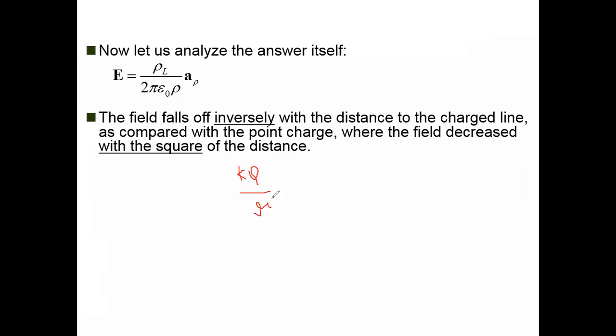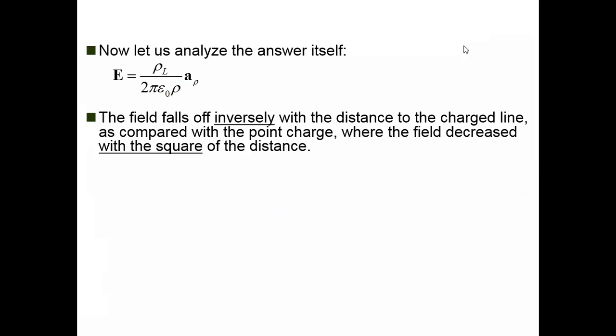Yes or no? There it was inversely proportional to the square of the distance. But here it is inversely proportional to only the distance, and not the square of the distance.